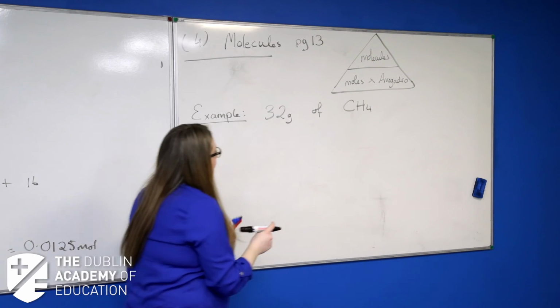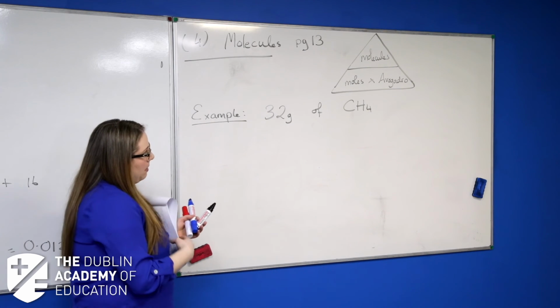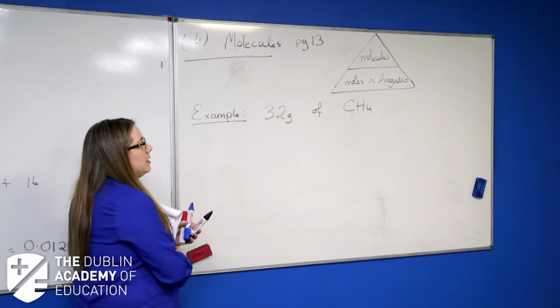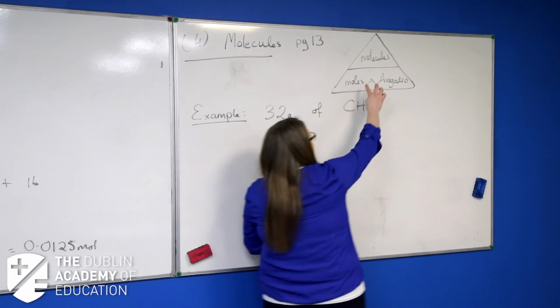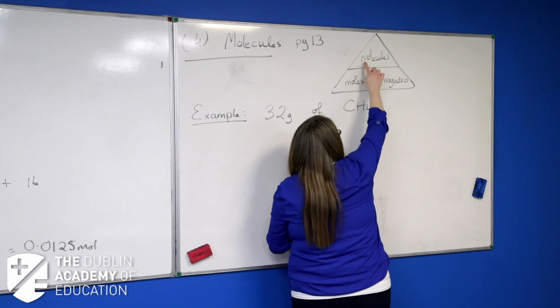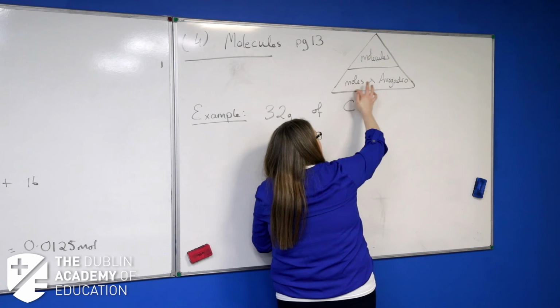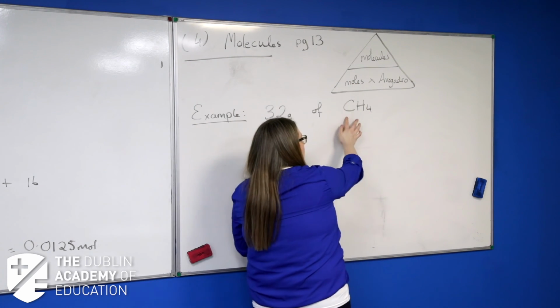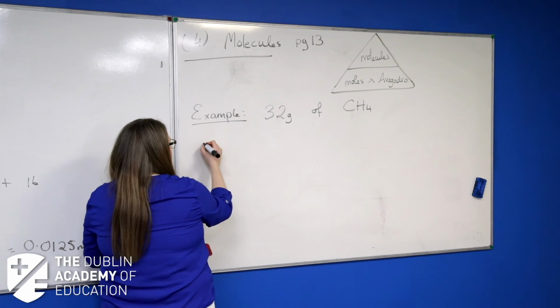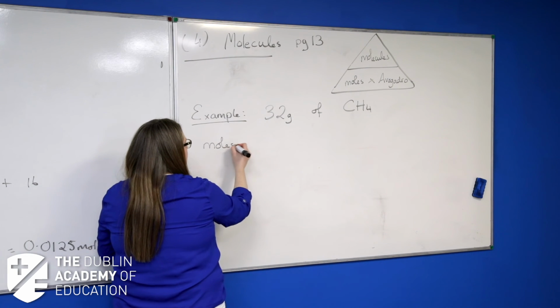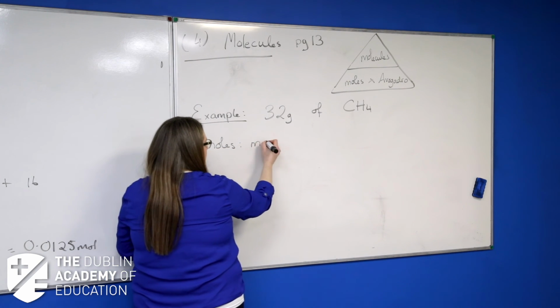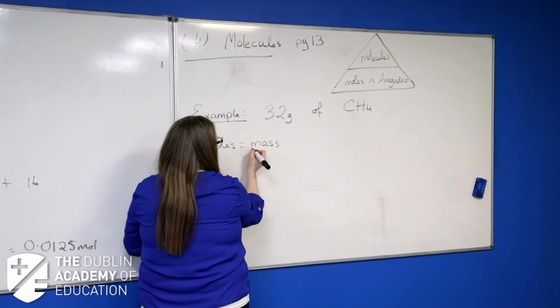Now, to find molecules, I first need moles. Because at the minute, as we look at it, I don't know moles and I don't know molecules. I have 2 unknowns. You can't have that. You need to figure out how many moles are in this. So like how we did before, your first step is to calculate the moles. So it's mass over RMM.